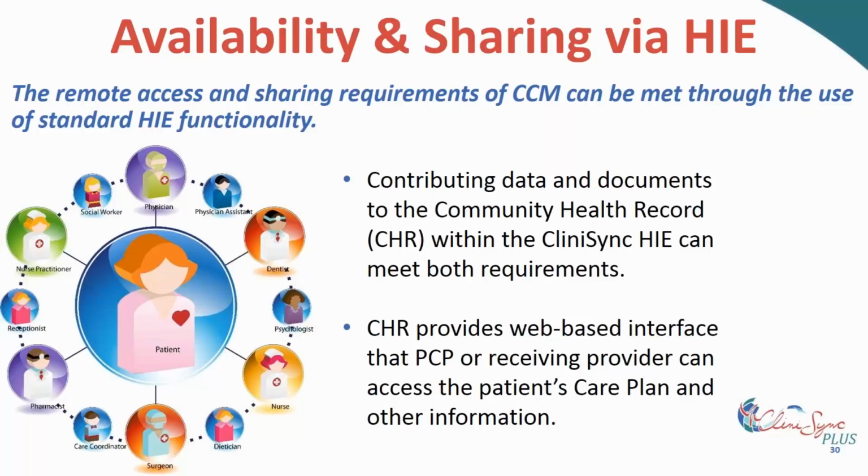That way it's accessible to pretty much any provider, hospital, anyone in the state who's participating as a member of CliniSync. They can go in there, pull up John Doe, and look at his care plan. That will meet the sharing requirement for chronic care management.